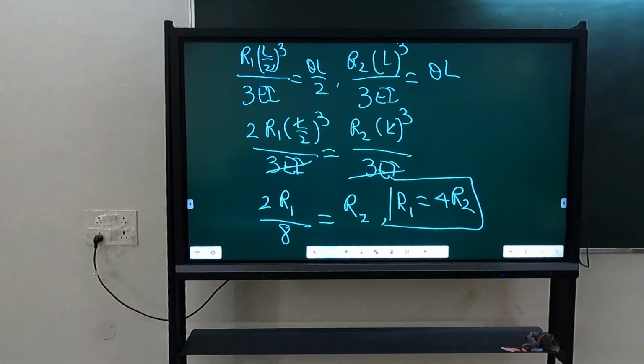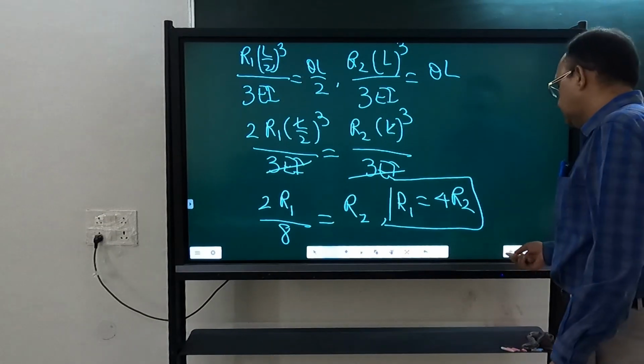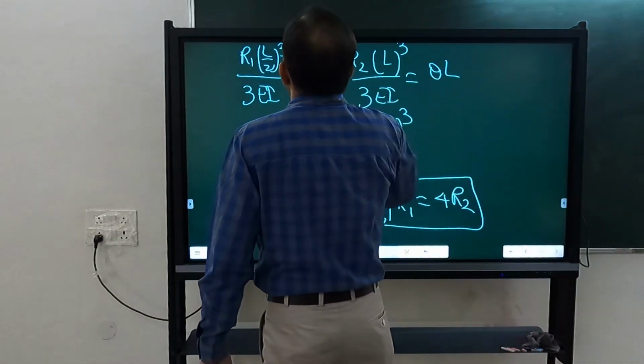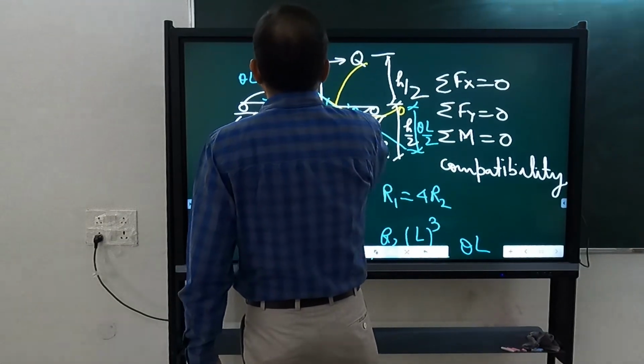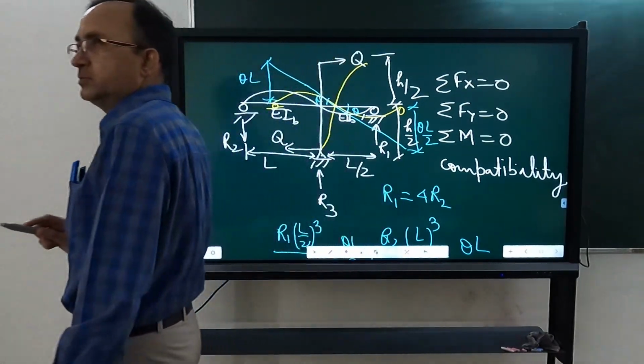So now can you solve it? Yes. So please plot the Q delta curve for this.